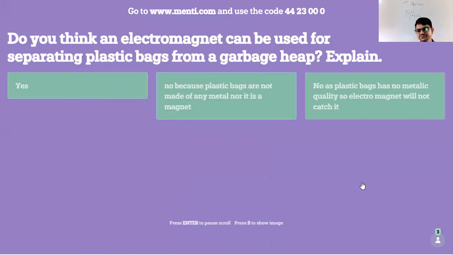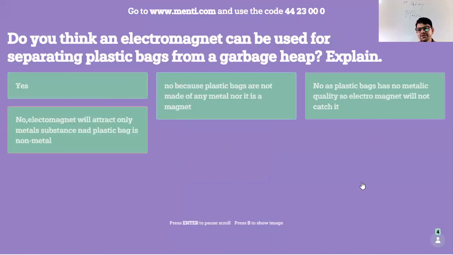Very good. Third answer, no, as plastic bag has no metallic quality, so electromagnets will not catch it. Very good. No, electromagnet will attract only metal substances, not plastic. Correct your spelling. Not plastic bag is, and plastic bag is non-metal. Very good.